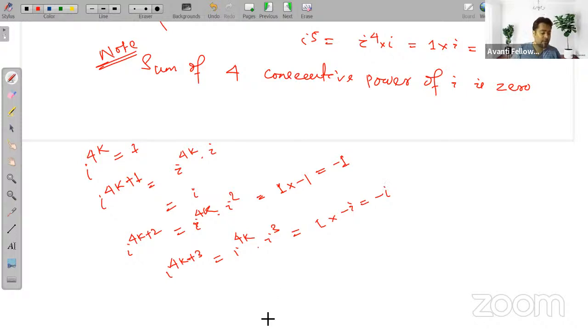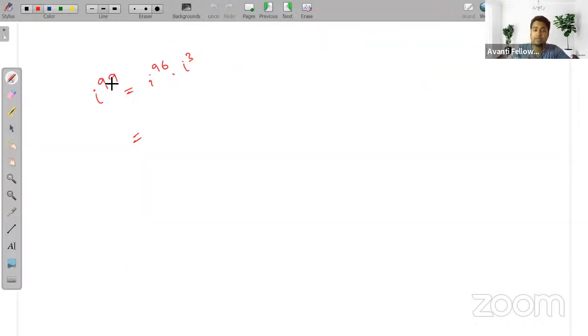So remember, when the power of iota is a multiple of 4, the value will be 1. Simple. Similarly, here you can use that concept. I to the power 99 can be written as I to the power 96 into I to the power 3. Is 96 a multiple of 4?